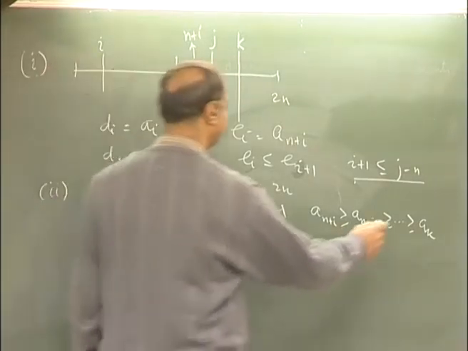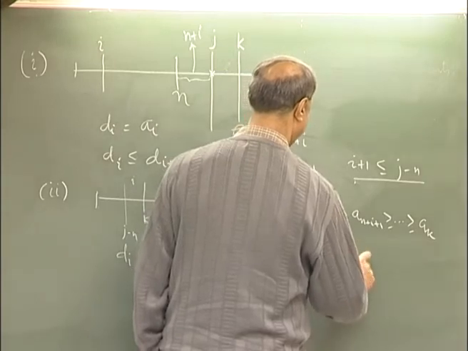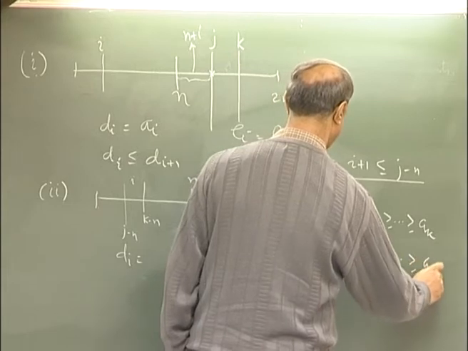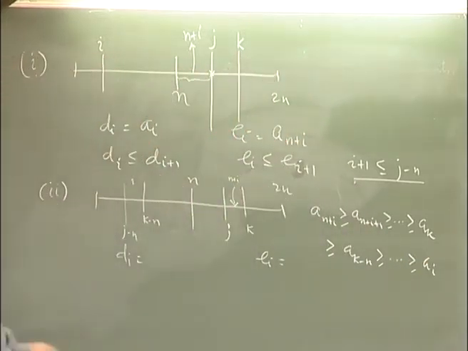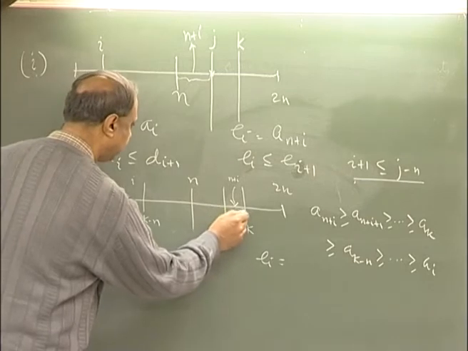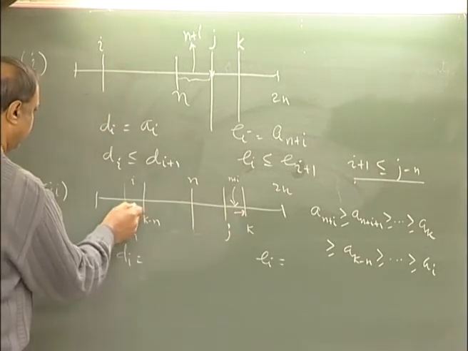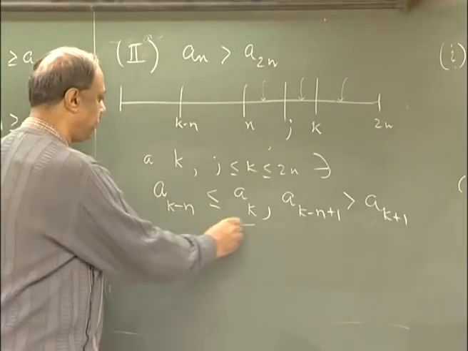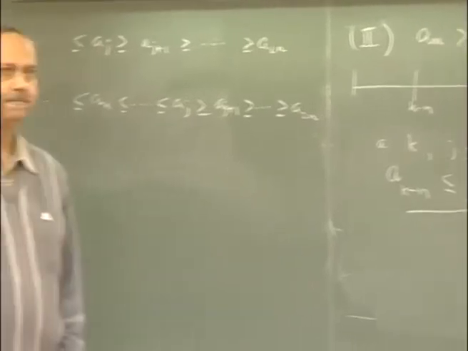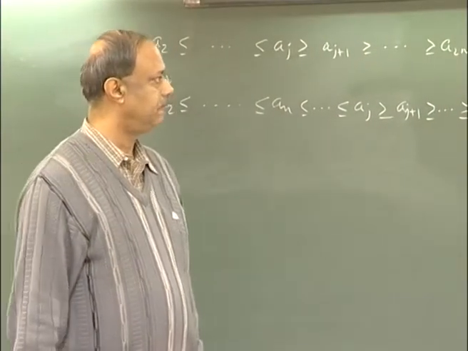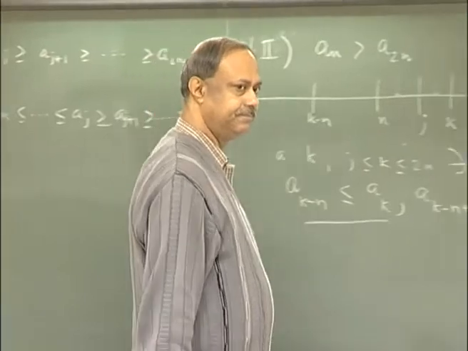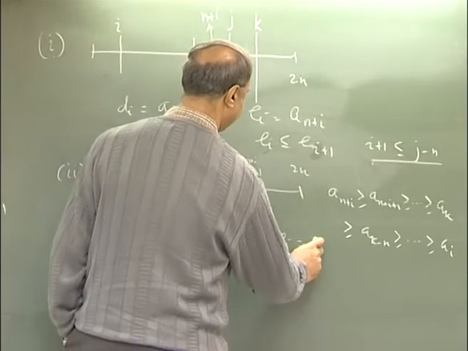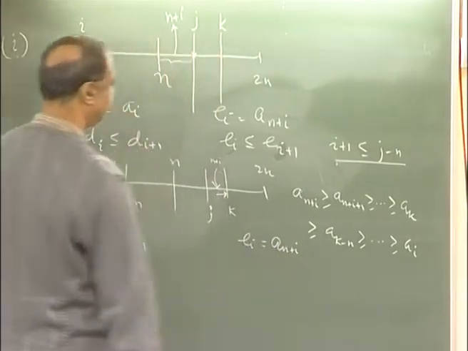AK is greater than or equal to AK minus N greater than or equal to... Basically, I am going from this direction to this, then from this to this. I have used this property. Right? So you are writing di is your AI and ei is A N plus i.